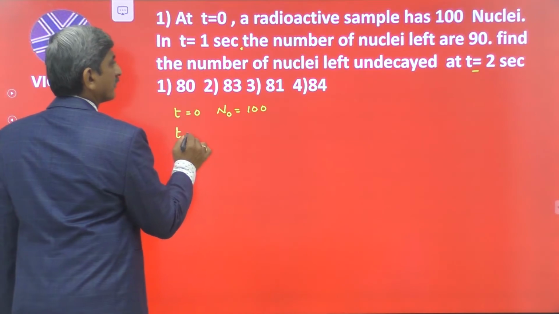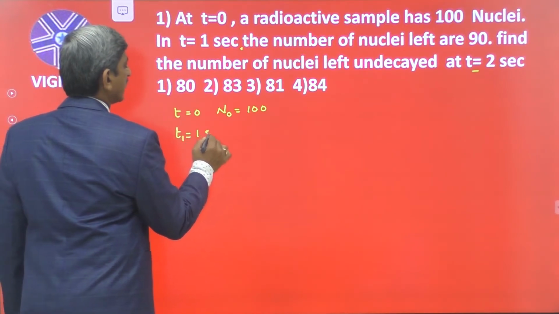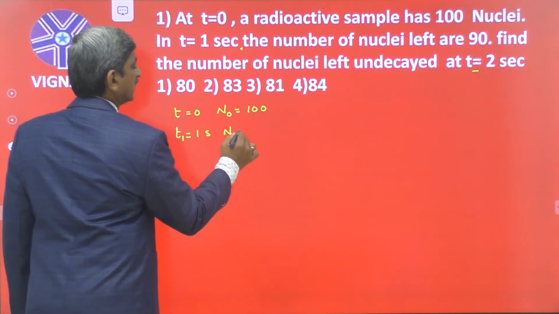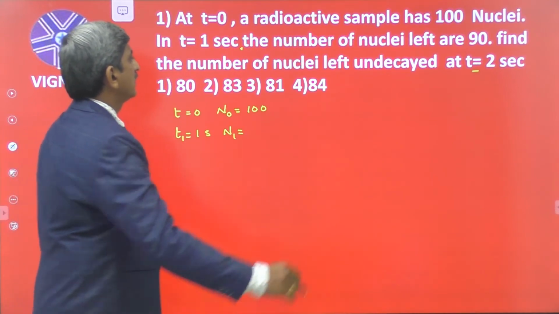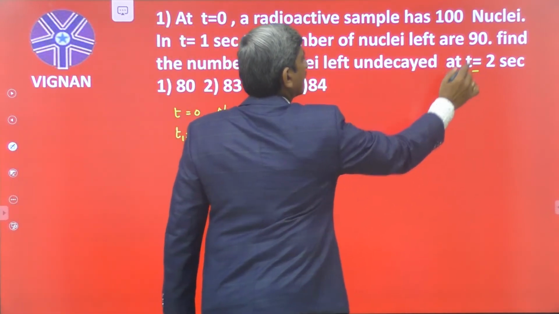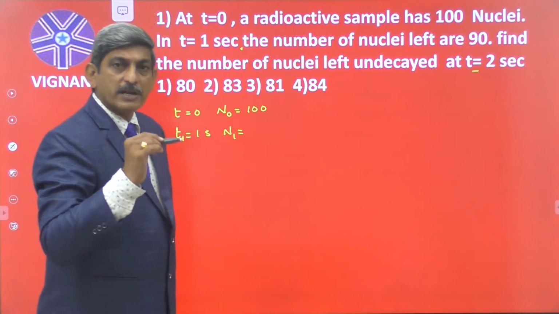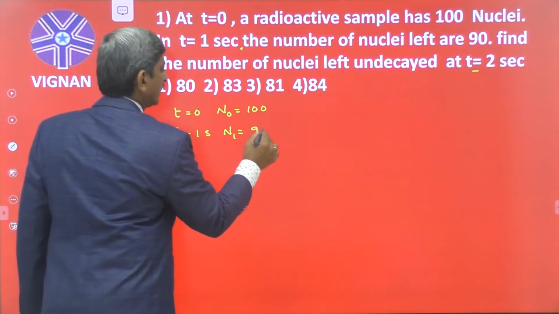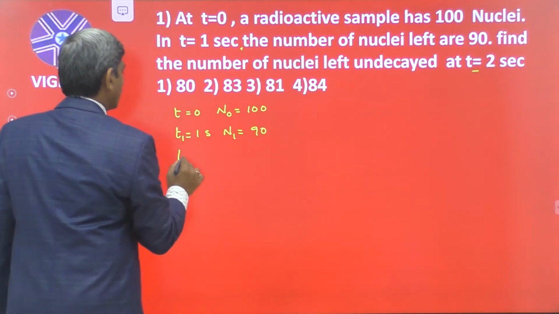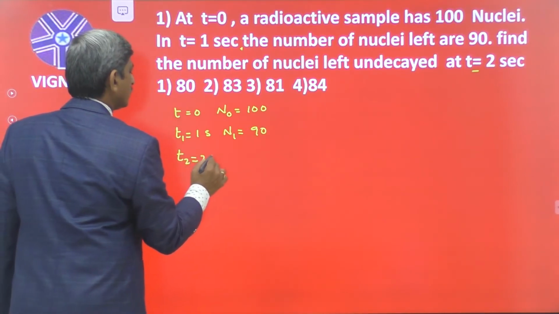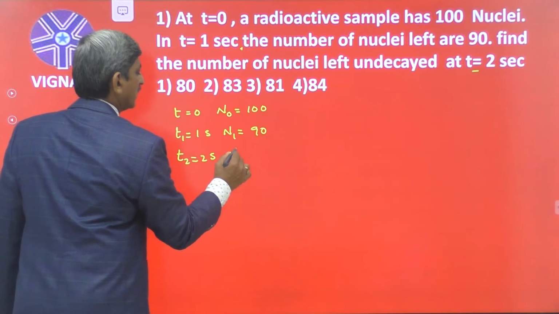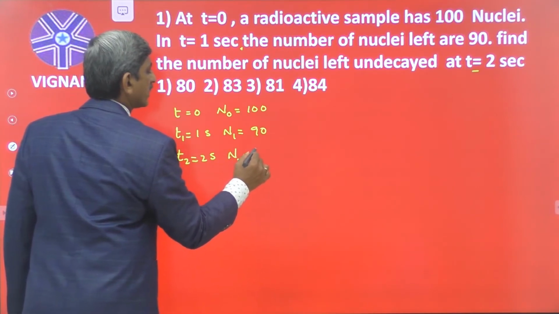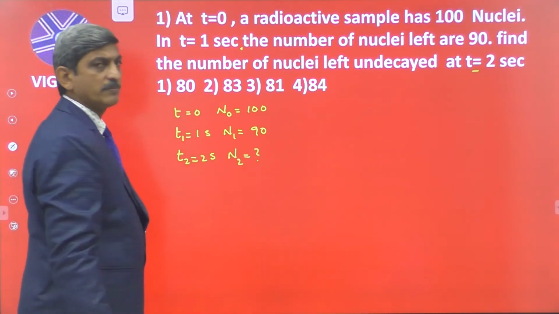When time t1 is equal to 1 second, the number of nuclei left is 90. That means the number of radioactive nuclei present in the sample N1 is equal to 90. When the time t2 is equal to 2 seconds, how many nuclei are left in the sample?